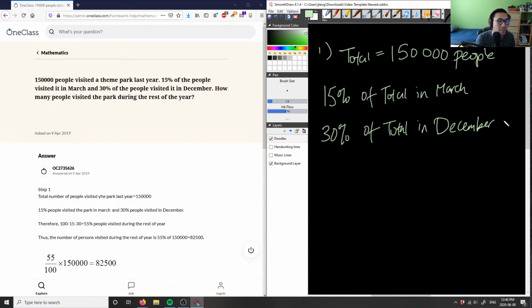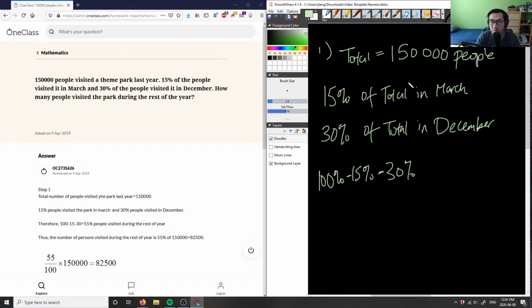So it's asking us how many people visited the park during the rest of the year. I'm assuming the rest of the year is just all the months added up, with the exception of March and December. So we can add these 2 percentages up to get 45. We can subtract that number from 100% to get the total number of people in the rest of the months. So it's going to be 100% minus 15% minus 30%, right?